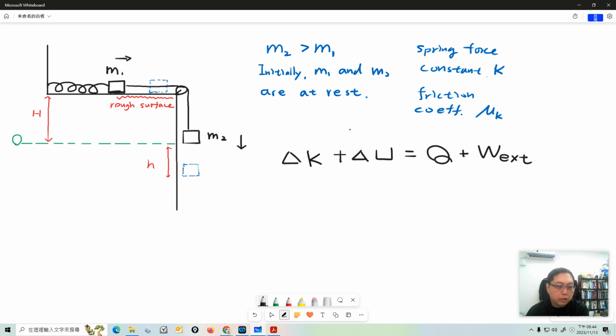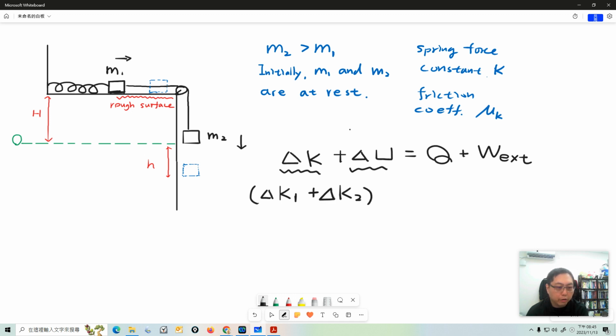In this problem, since we have two objects, M1 and M2, delta K and delta U can be written in split form. There will be a delta K1, the kinetic energy difference between the initial state and final state of object 1, and also a kinetic energy difference from object 2.